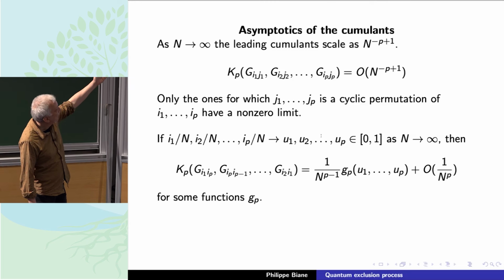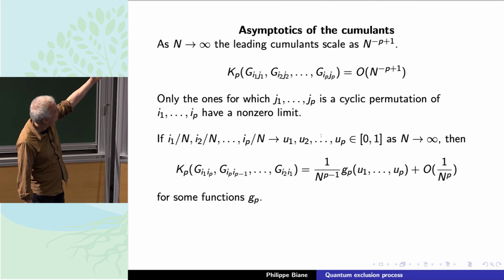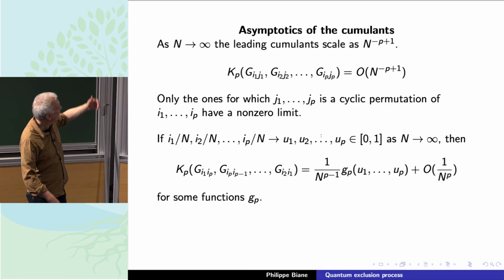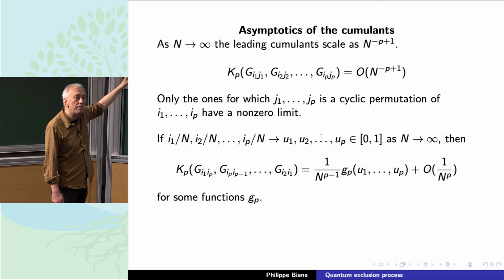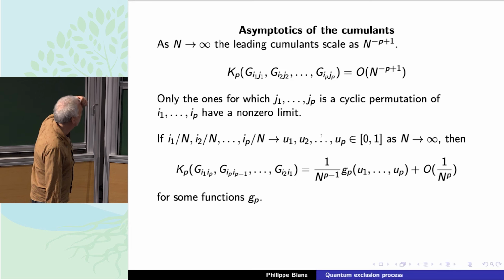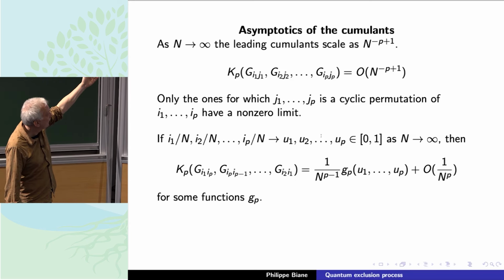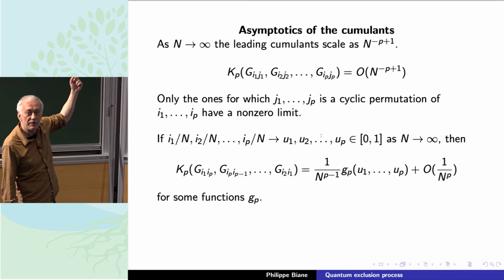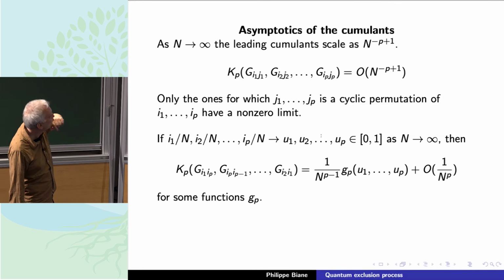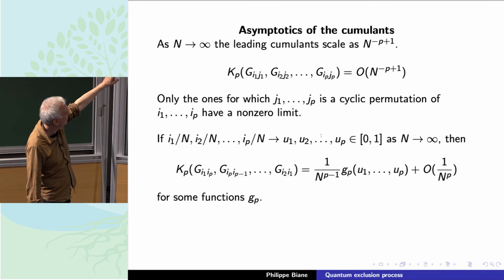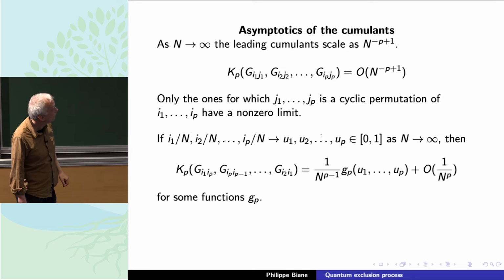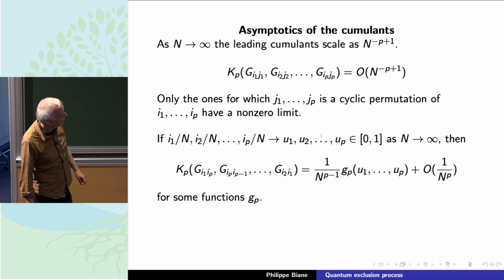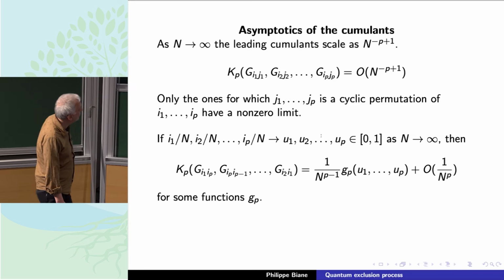Okay, and well, if you assume that, for example, we take points I1, ..., Ip. So they correspond to sites on the interval, sites of our exclusion process. So we make a circular permutation with this I1, ..., Ip, which corresponds to J1, ..., Jp being a cyclic permutation. So in this case, this means that we are computing the cumulant of J_{I1}, ..., J_{Ip}, I_p, I_{p-1}, and so on, until I2, I1.